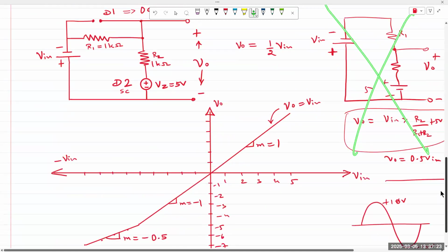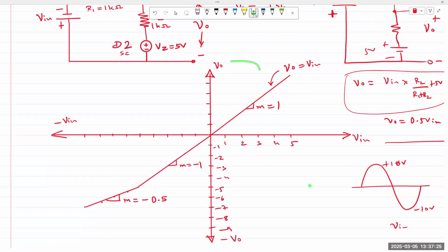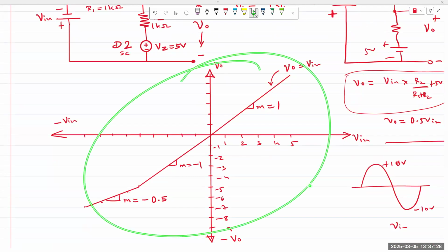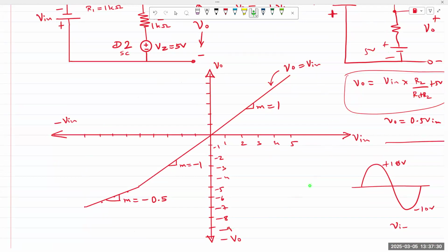And so my transfer function, V out versus V in, right here: in the positive cycle, V out is equal to V in, so we have a linear line. In the negative cycle, as long as V in is less than 5 volts in magnitude, V out is equal to V in.